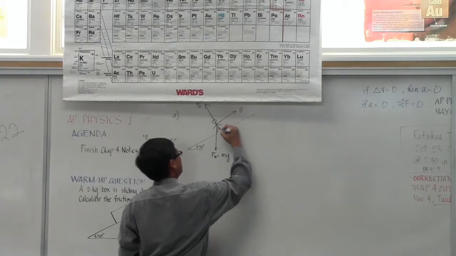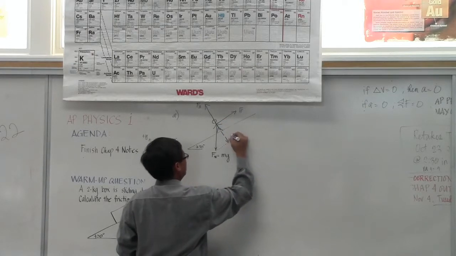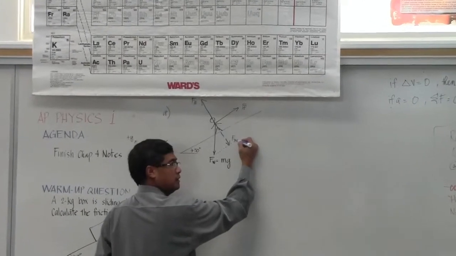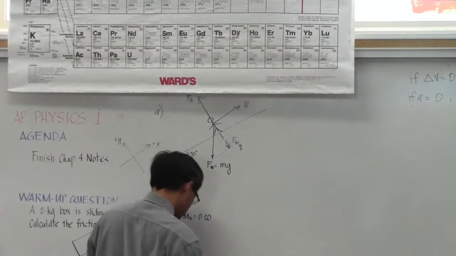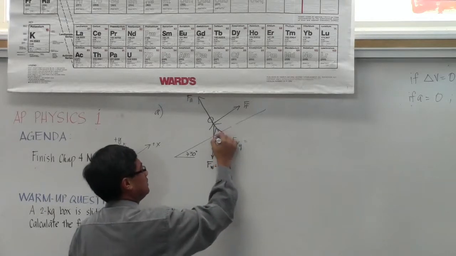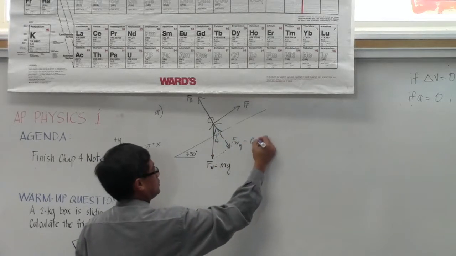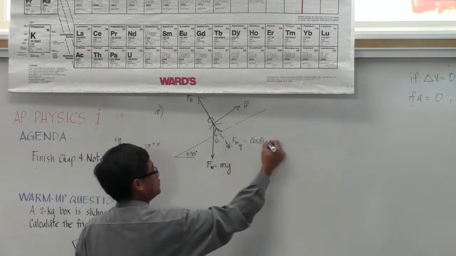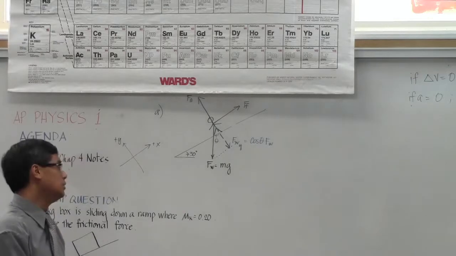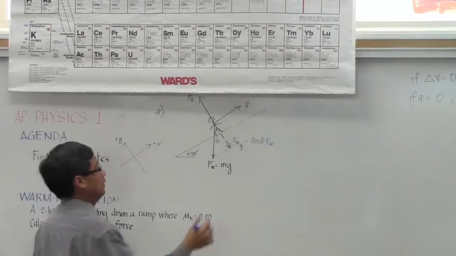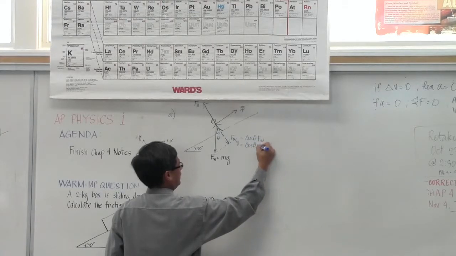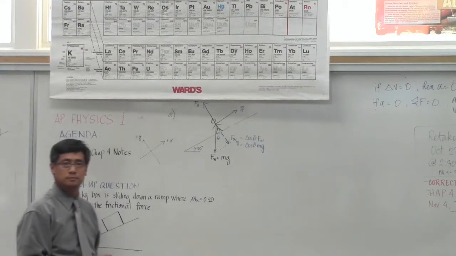This is now our FW y. And what is it equal to? Sine or cosine? It's equal to cosine times the hypotenuse, which is FW, right? But what is FW equal to? mg. So FWY is cosine theta mg.